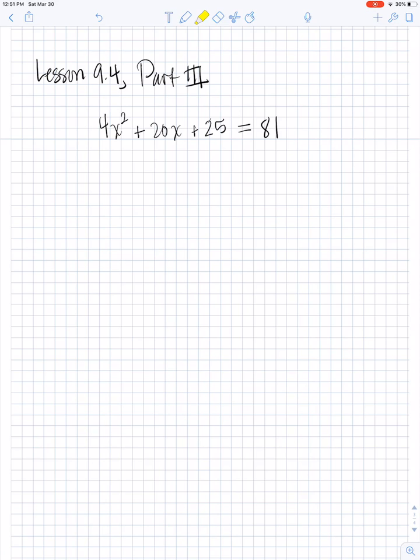Here is an example I'd really like you to think about. The reason why is I'm looking over here on the right side of my equation and I have 81, and 81 is a perfect square. As I survey my entire quadratic, I start to observe that there are lots of perfect squares going on here, and the question I want to ask myself is, is this left side of my equation a perfect square trinomial?